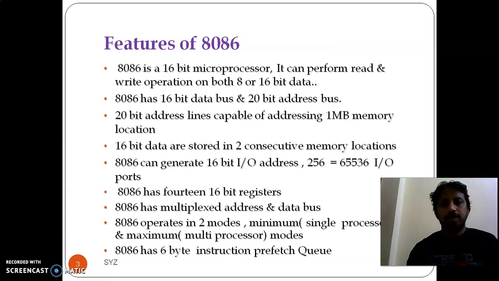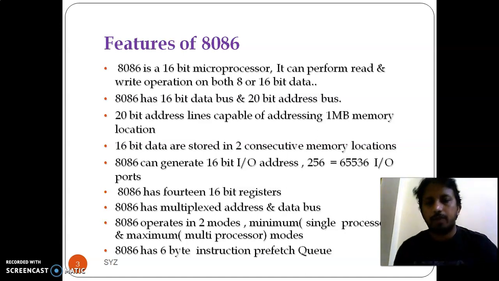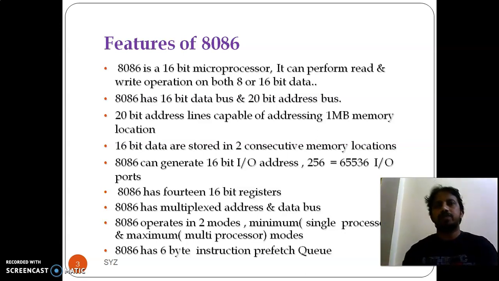Coming to the first one, the 8086 microprocessor is a 16-bit microprocessor which can handle both 8-bit and 16-bit operations. The special feature is that, likewise most microprocessors, once we name it 16-bit, it would have a 16-bit address bus, a 16-bit data bus, and an ALU made up of 16 bits.